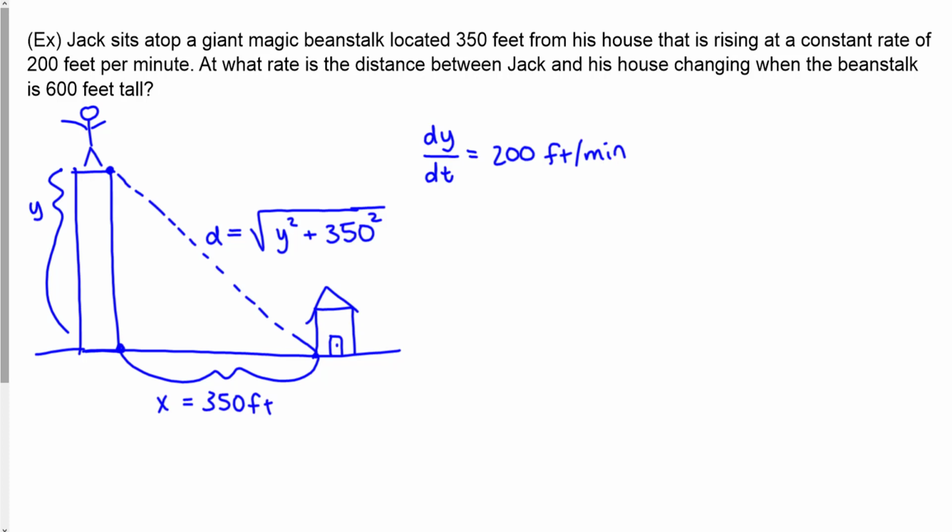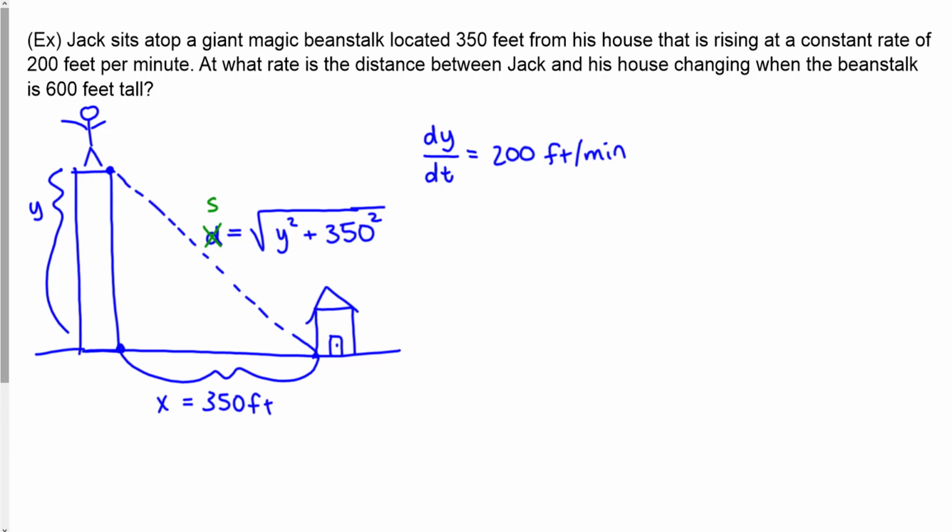Now, one problem we're going to run into, it makes sense to call distance d, right? We're going to do a derivative of that. So it's going to be like dd/dt. So let's change that. Instead of calling it d, let's call it s. So s is the distance between Jack and his house. That will make it ds/dt in the end, and that will make a little bit more sense.